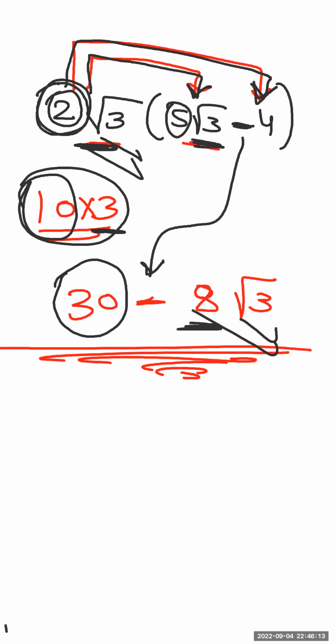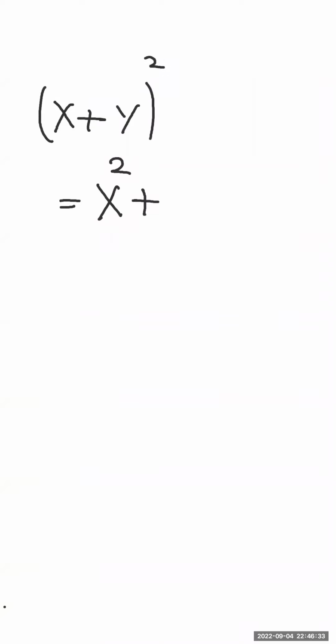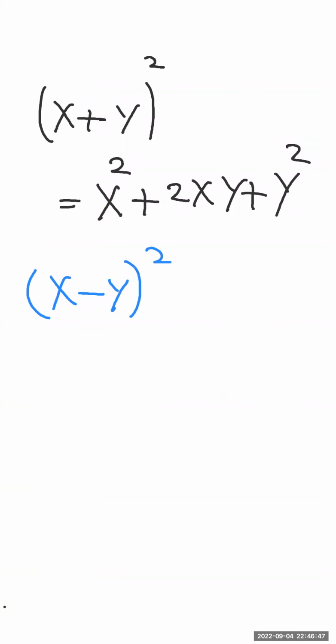Before solving the next question, I want to remind you how to multiply by using inspection. We studied that in prep 1. Concentrate. x plus y all to the power 2 equals first term squared plus first times the second times 2, 2xy, plus second term squared, y squared. And in the case of x minus y to the power 2, it will be the same result, x squared minus 2xy plus y squared, but the only difference is in the sign.